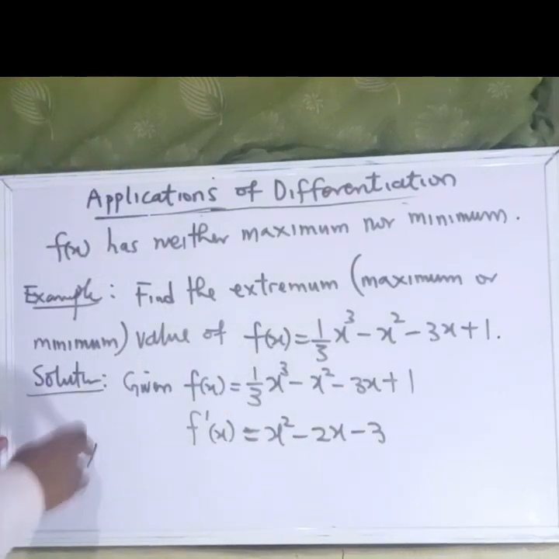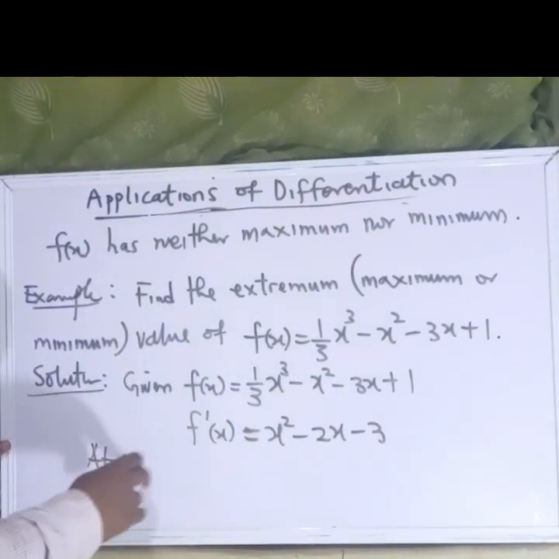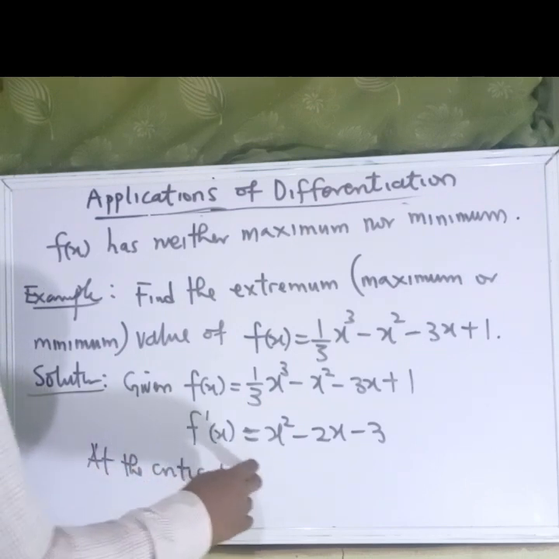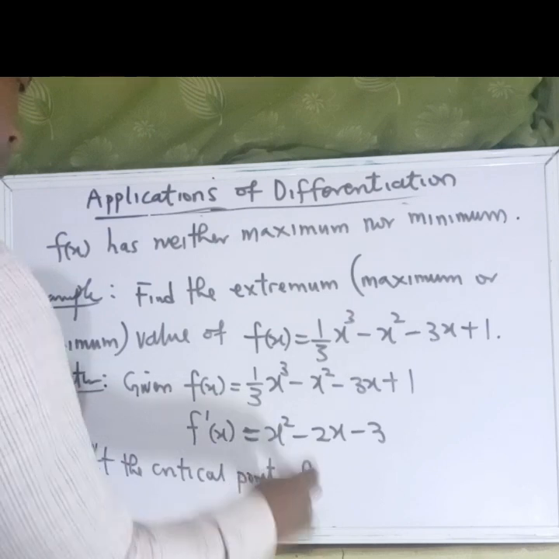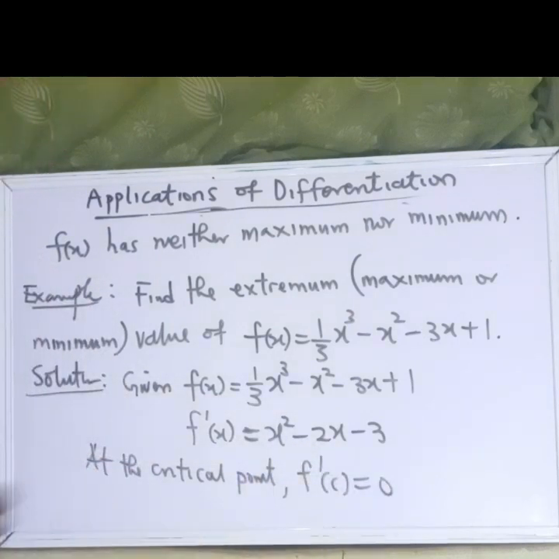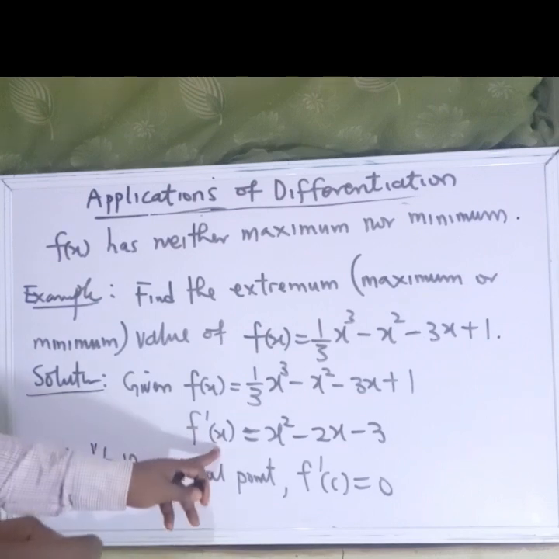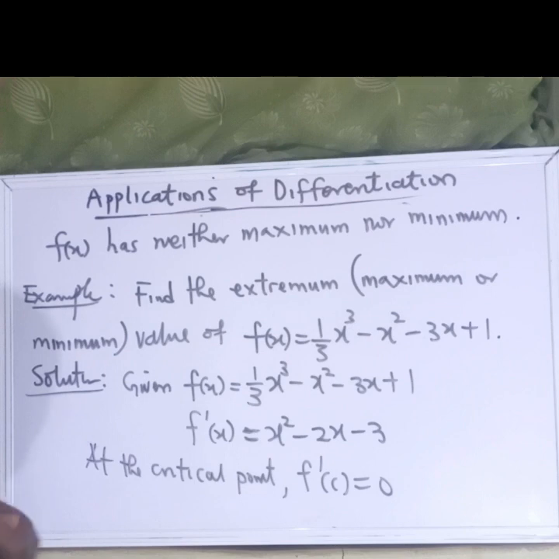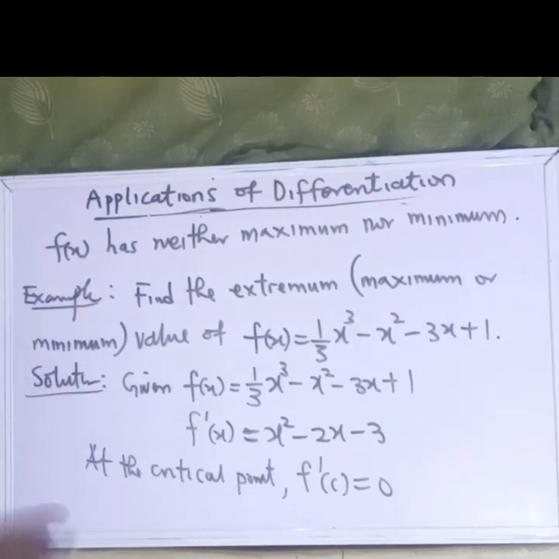Okay, so at the critical point, where f prime of c equals 0, we have the slope at c to be 0.